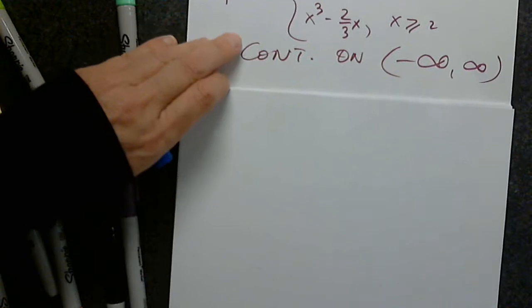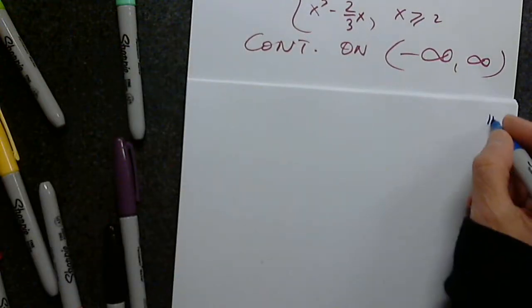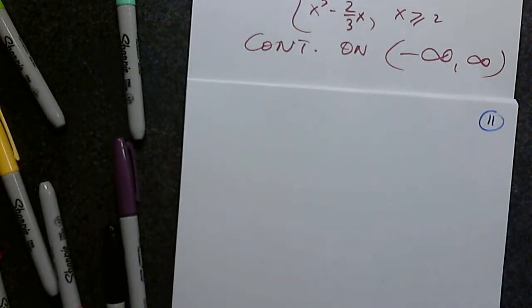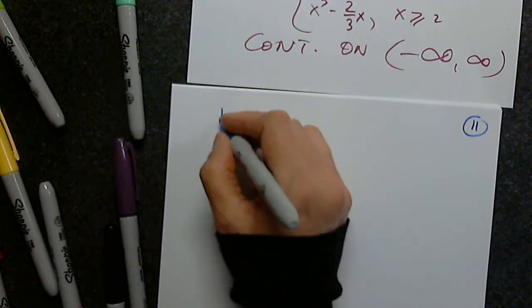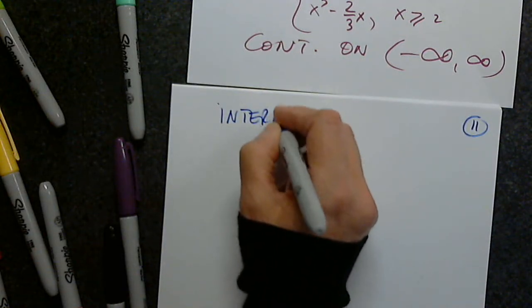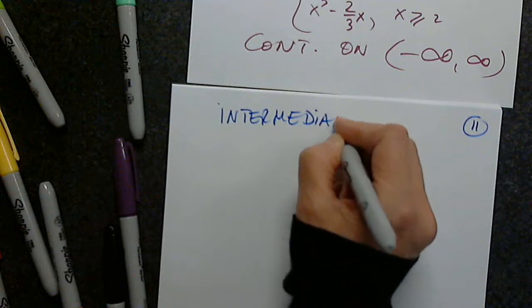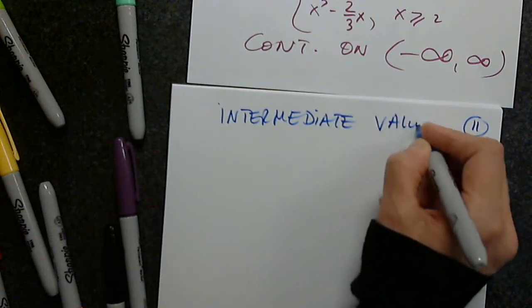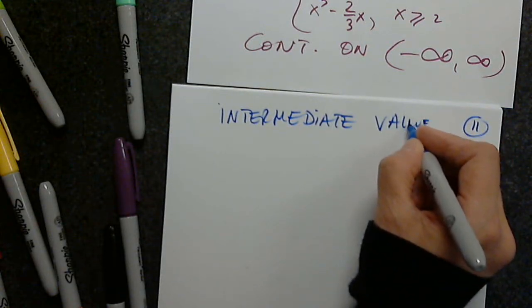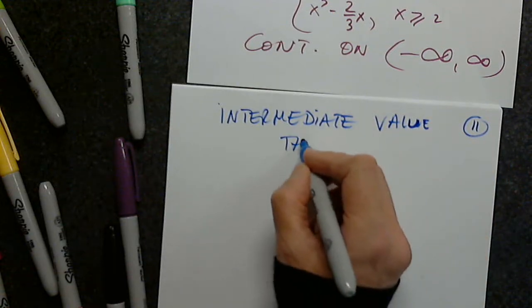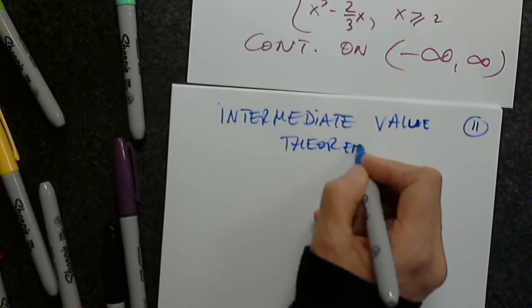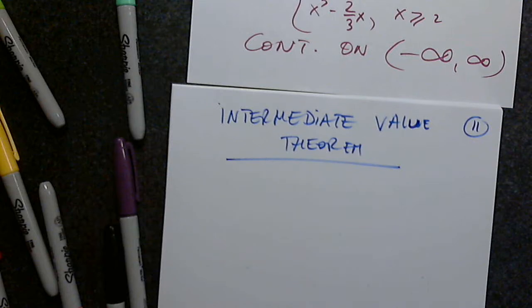Okay, so let's talk about one theorem here. It's a very simple theorem. It's called the intermediate value theorem. It's extremely useful, especially for chapter 4.